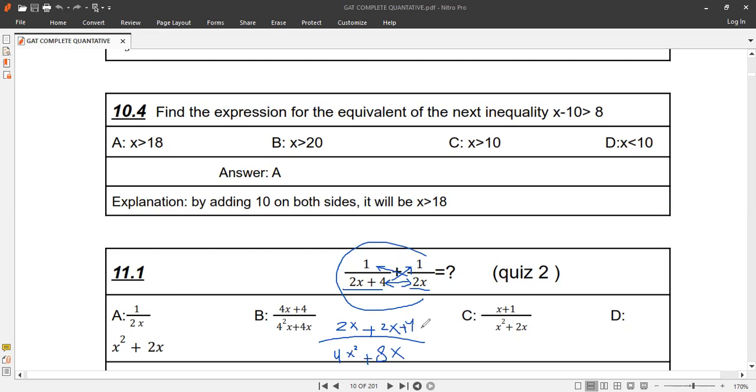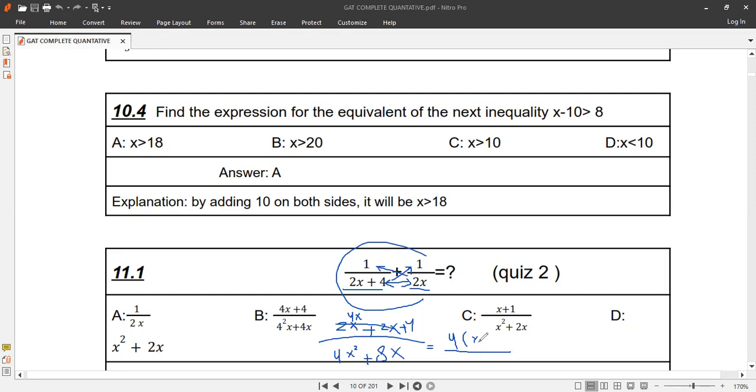Now let's work on the like terms in the numerator. 2x plus 2x equals 4x, so the numerator is 4x plus 4. Here we have 4x squared plus 8x. Now let me take a common factor up, which is 4, and we still have x plus 1.